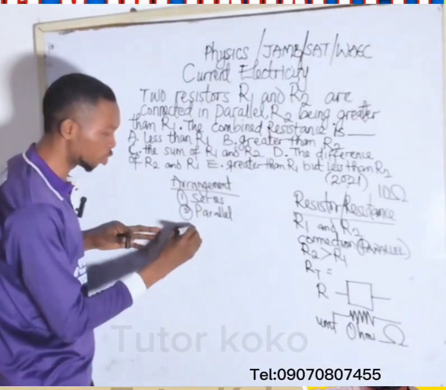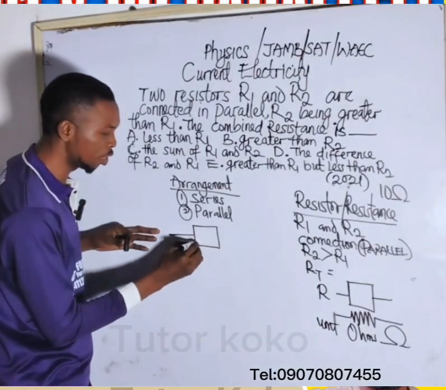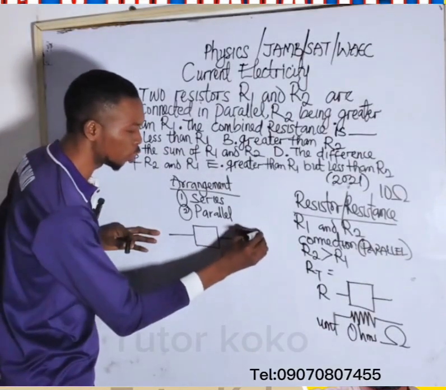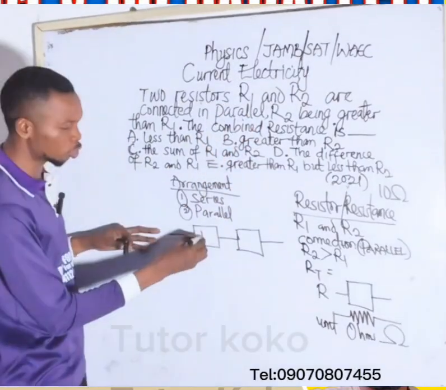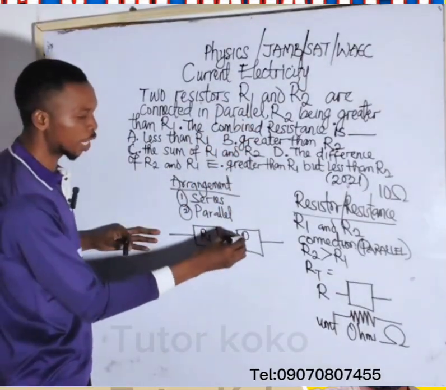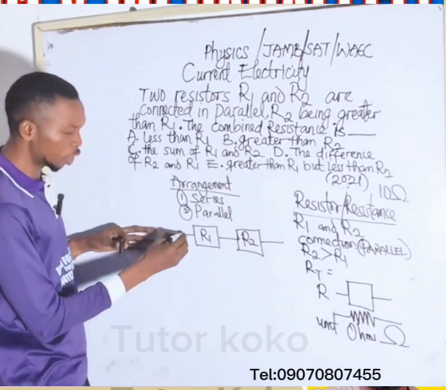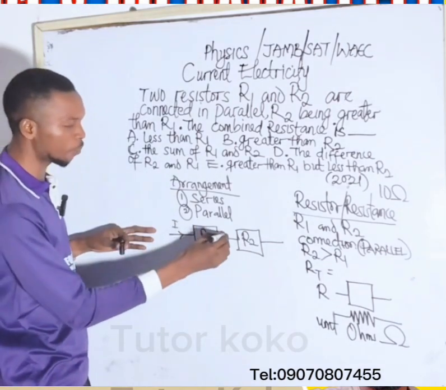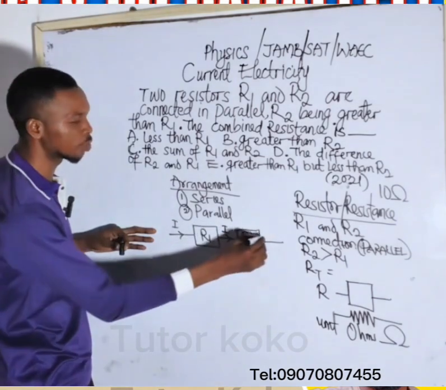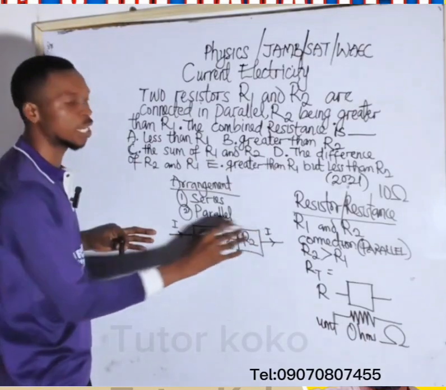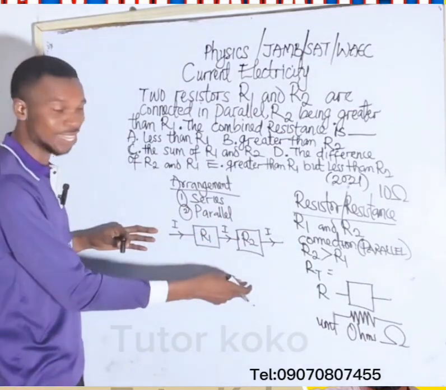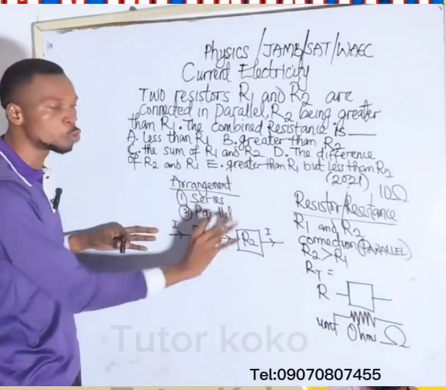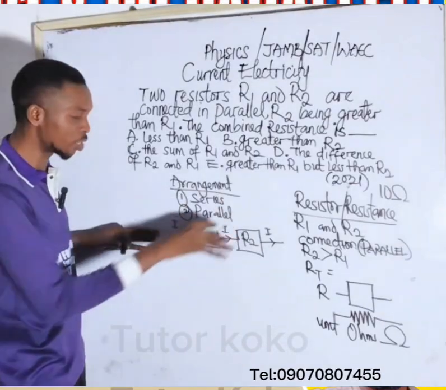When two or more resistors are connected end to end, I'm going to be making use of two resistors because this question is talking about just two resistors. So this is resistor 1 and this is resistor 2. If you see anything like this in exam, don't panic. This is an electric circuit, but this is not complete because the key, cell and ammeter are not here. I just want to show you the part that contains the resistors.